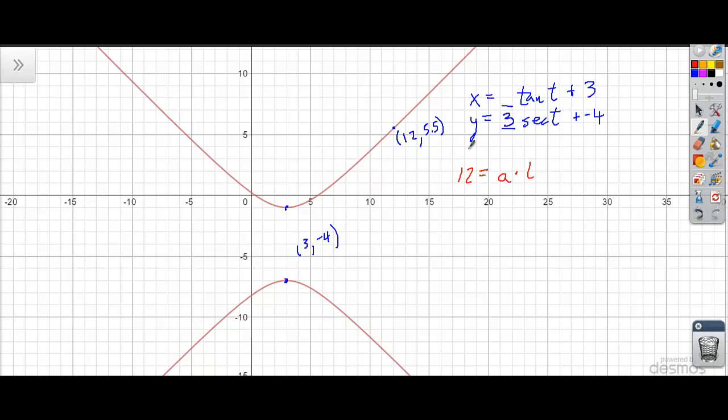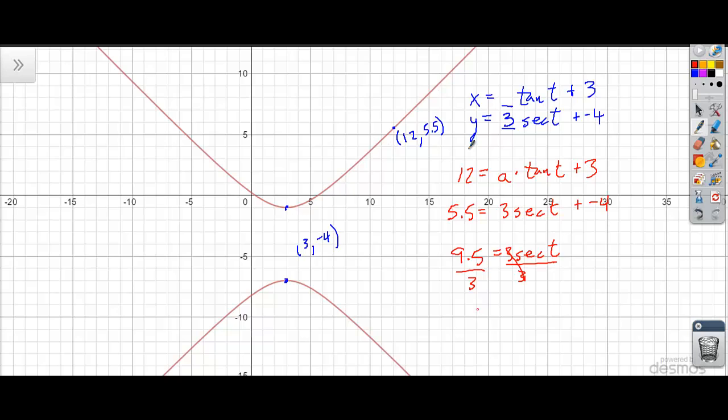12 equals a times tangent t plus 3. And 5.5 equals 3 secant t plus -4. So again, this equation has 2 unknowns. This has only 1. So I definitely want to solve this one. So I add 4 to both sides. And I divide by 3. I don't have to simplify it.